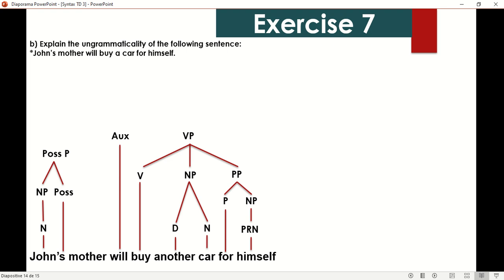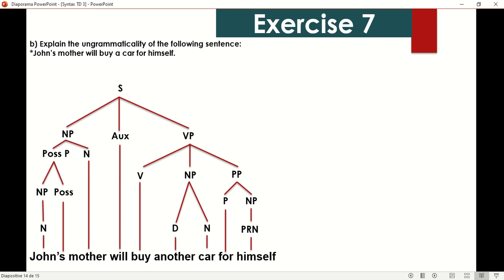So it's the mother of John, the noun phrase, the noun here. With the possessive, we have the noun phrase. So this is how you draw a possessive. You start with the noun phrase, the possessor, you add the possessive mark, you name it possessive phrase, you add it then to the noun that's following, and it's a noun phrase. The three of them together is S. Again, you won't have the possessive in the exam. So it's just for you here.